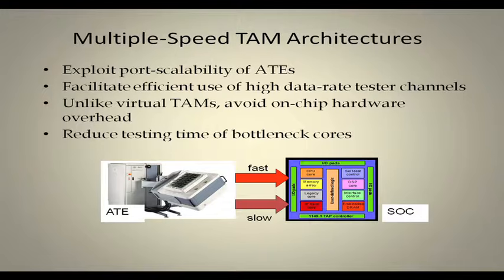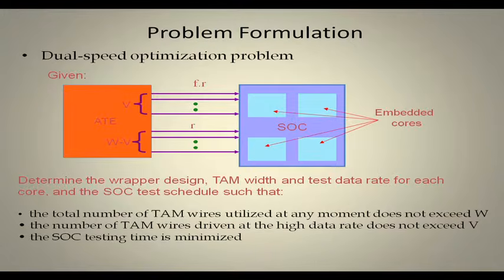This will try to reduce the test time for this SOC by using some fast and slow channels. So, test time also gets reduced for the bottleneck cores. That is another advantage that we have in this particular policy, multiple speed TAM architecture.